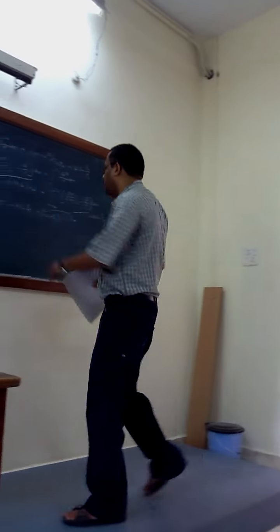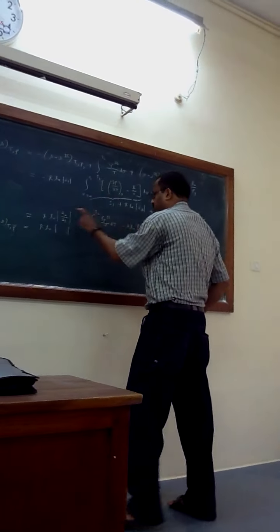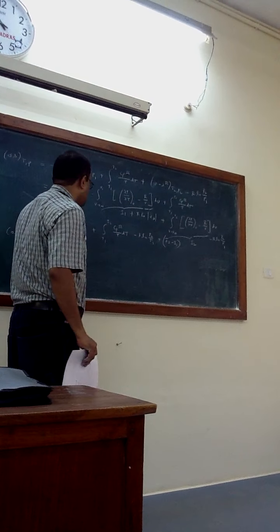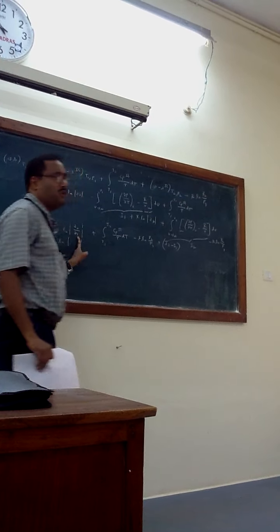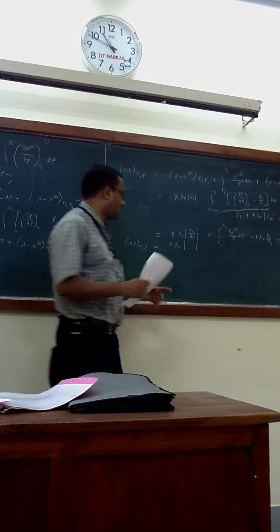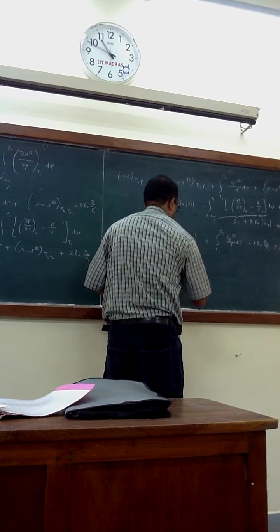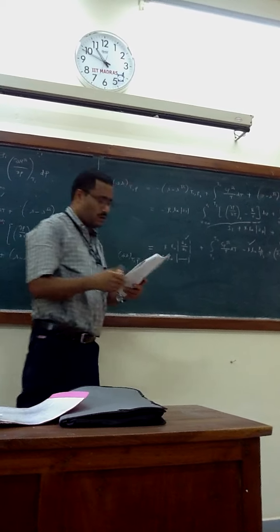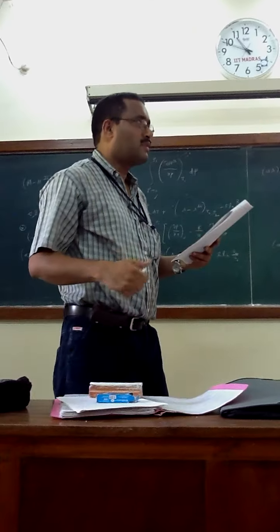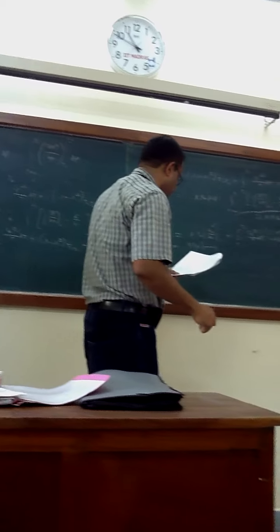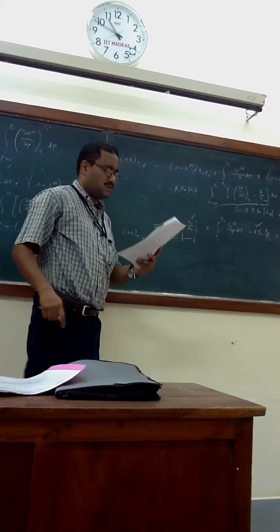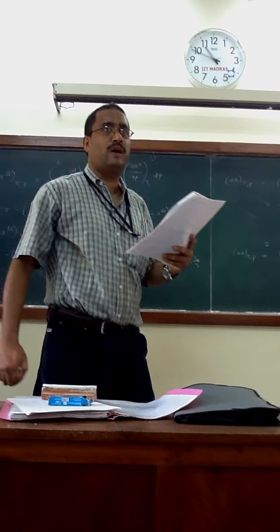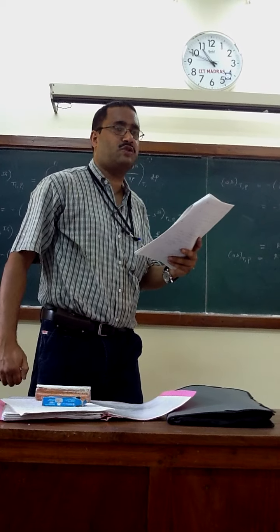Okay, so you can combine these two. If you combine, what will happen? R ln Z2 P1 by Z1 P2. Am I correct? What will you get then? Combining these two, Z2 P1 by Z1 P2, or Z2 by P2, in terms of V and temperature you will get, right?